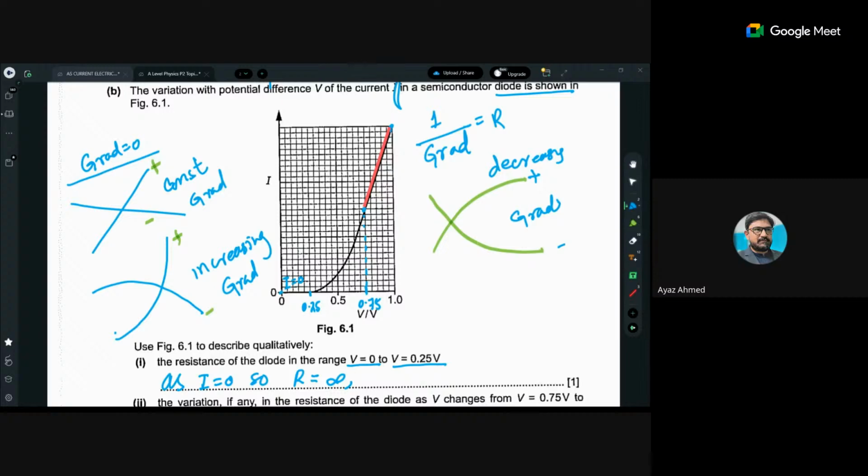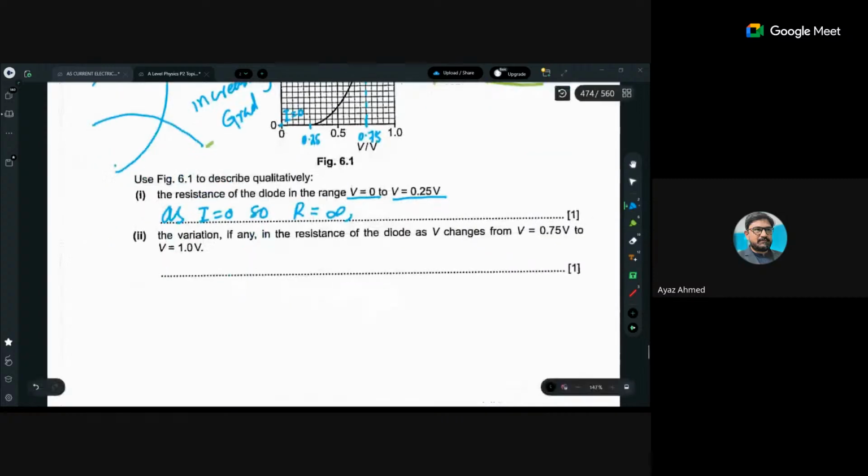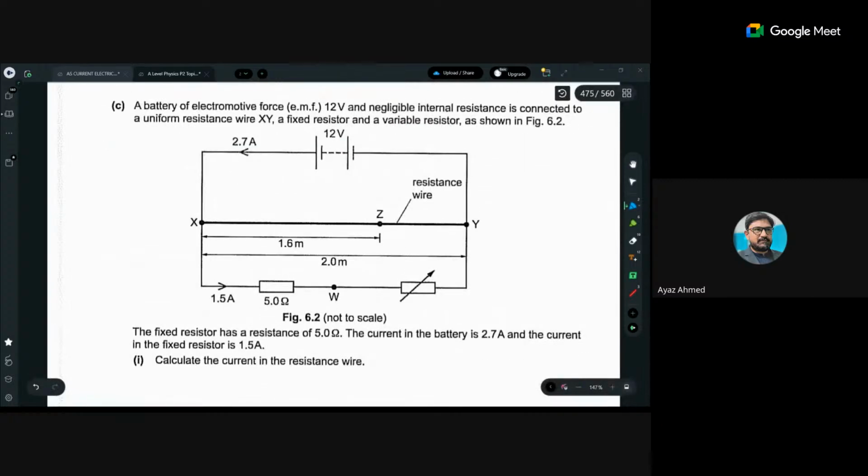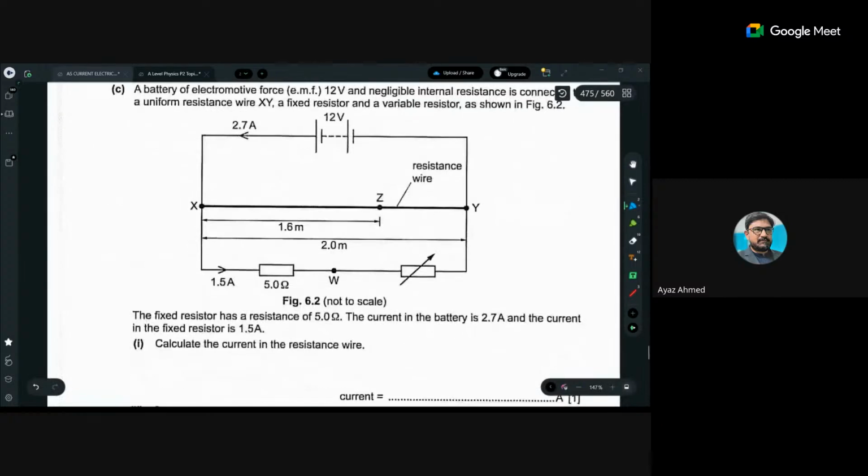So that is constant gradient. It means resistance is constant. Gradient is constant, so resistance is constant. Is this clear to you? Clear? Yes sir.